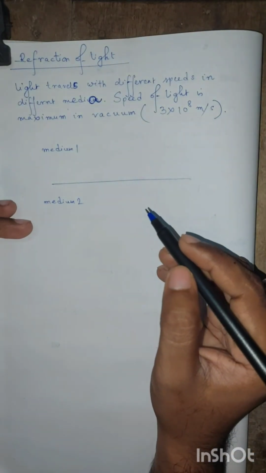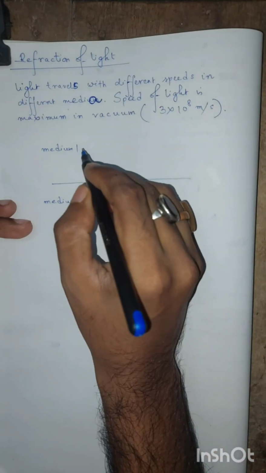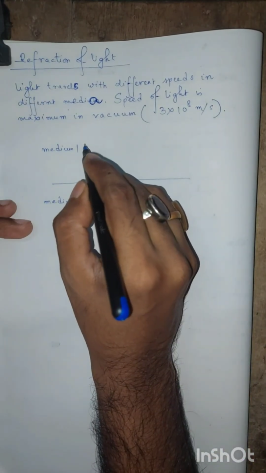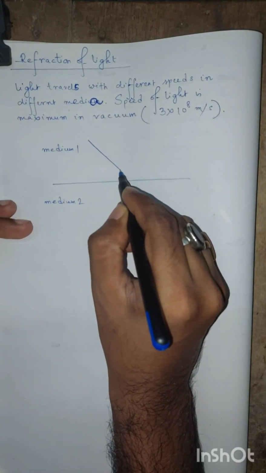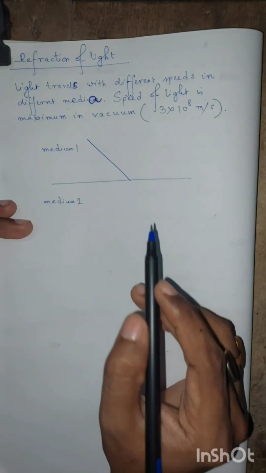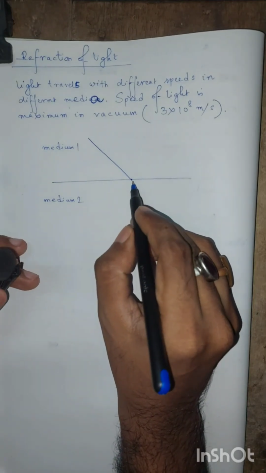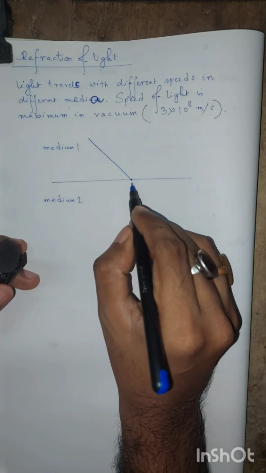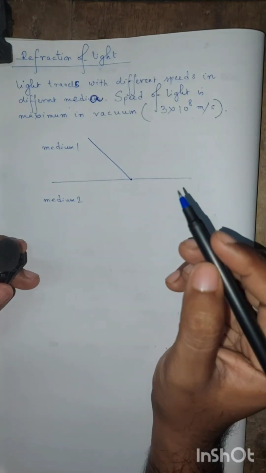When light traveling in one transparent medium strikes the boundary of another medium obliquely, then a part of this light ray enters the second medium.